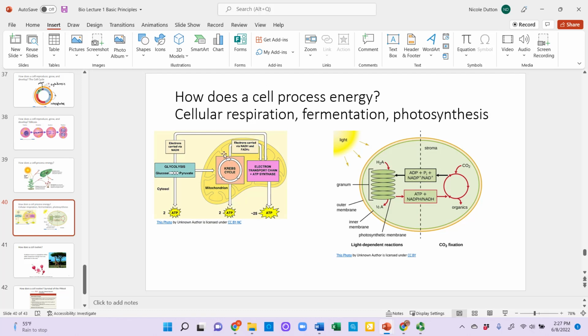This diagram shows cellular respiration. The three parts of cellular respiration are glycolysis, the Krebs cycle, and the electron transport chain. So those are the three components. Glycolysis happens in the cytosol of the cell, while the Krebs cycle and electron transport chain are going to happen inside the mitochondria.